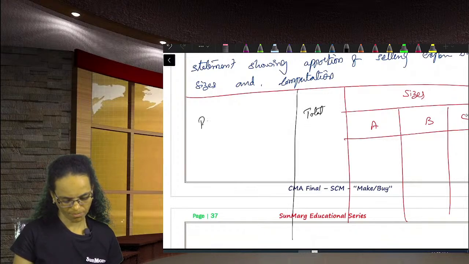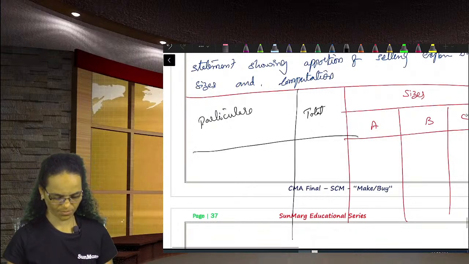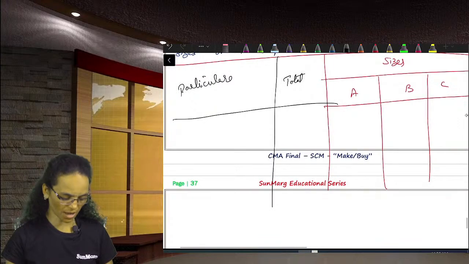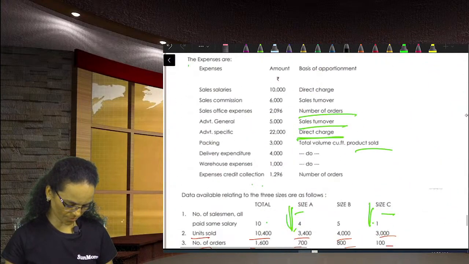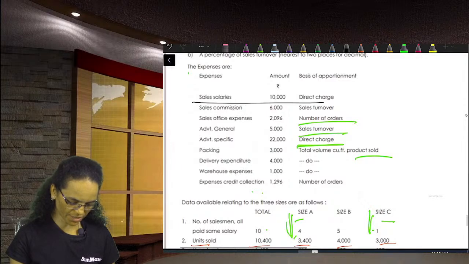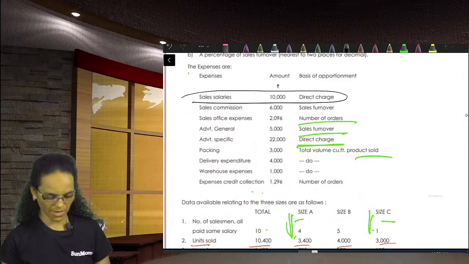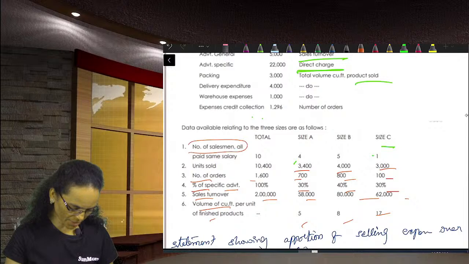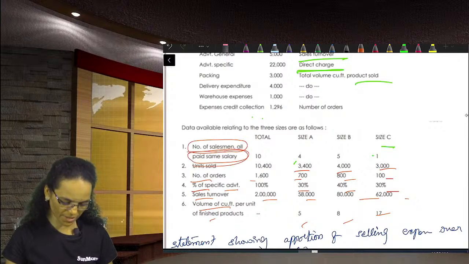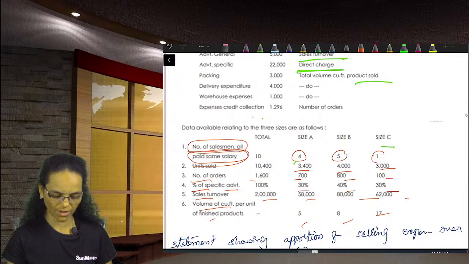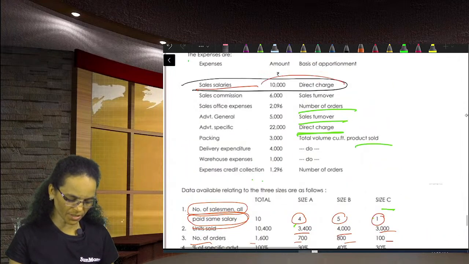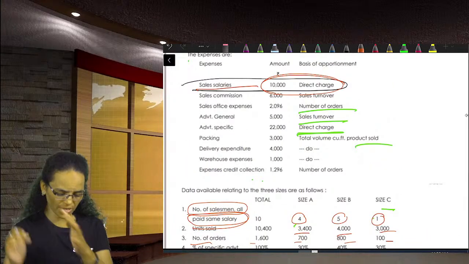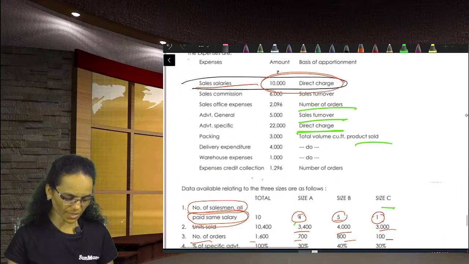Total, particulars. Okay, we have expenditure. First expenditure is salary and direct charges. Salary, here it is given number of salesmen are paid same salary in what ratio? 4:5:1. So this salary should be allocated to each size in this ratio, that is direct charge.